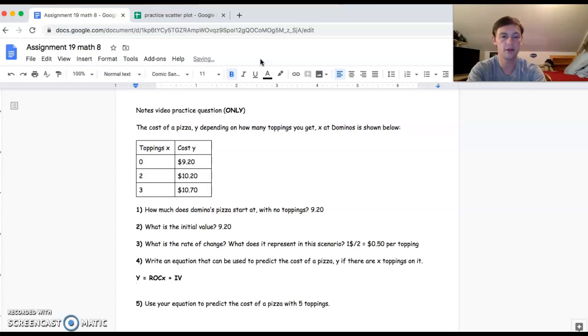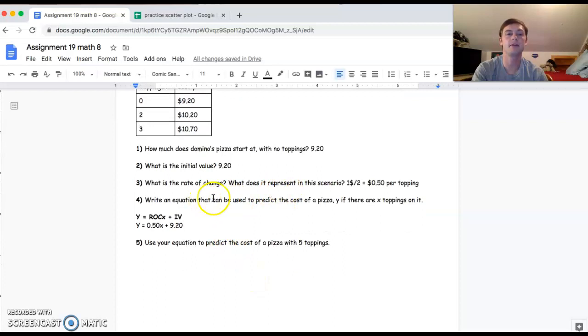So if we look here, we just did it. We know what our rate of change is. Our rate of change is 50 cents times x plus the initial value, which is 9.20. Again, we just found that in questions 2 and 3.